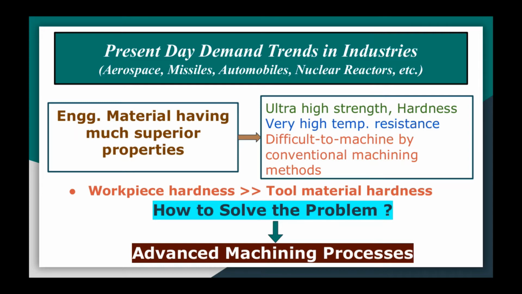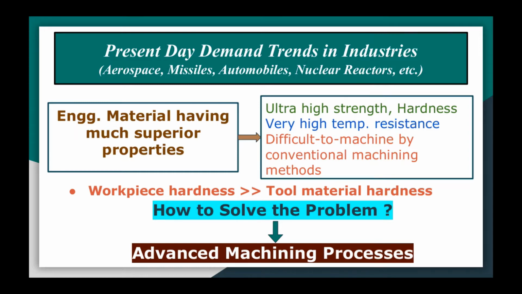Now when we use ultra high strength materials as workpiece material, the question arises how to machine them. It becomes very difficult to machine such workpiece material by conventional methods, where the basic principle is that tool material hardness should be much higher than the workpiece material hardness, and this principle is well known to us.